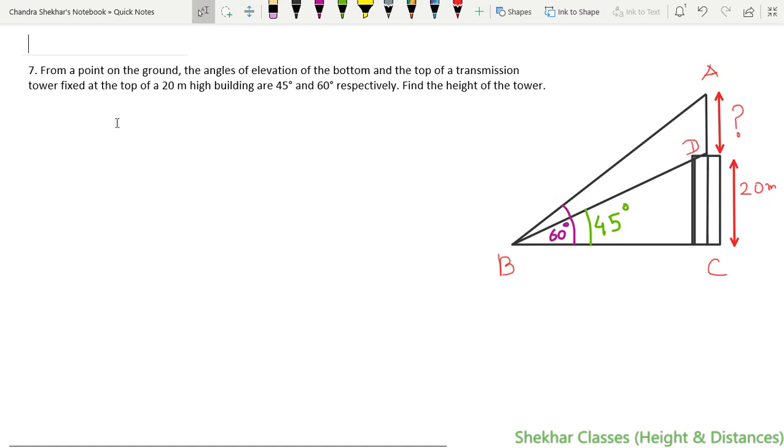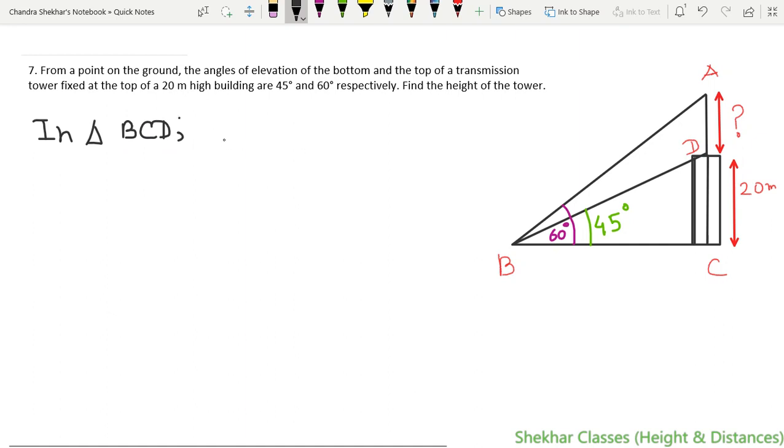So let's move on. First I will write in triangle, sorry, it will not be A, it will be BCD. You know which triangle I'm talking about.